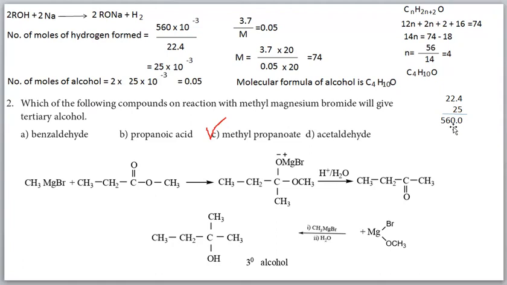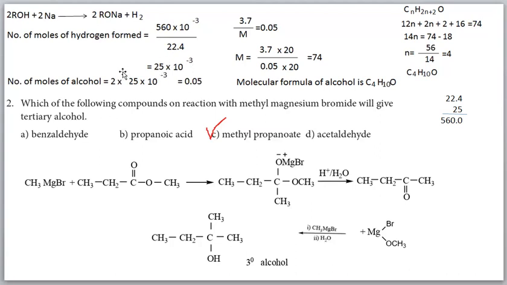We can write 0, balance 6. 25 into 2, 50, plus 6, 56. After the point, 1 digit is there, so we place the decimal point before 1 digit. So we get the answer 560, the same number. When we cancel this and this, we will get 25 into 10 to the power minus 3.